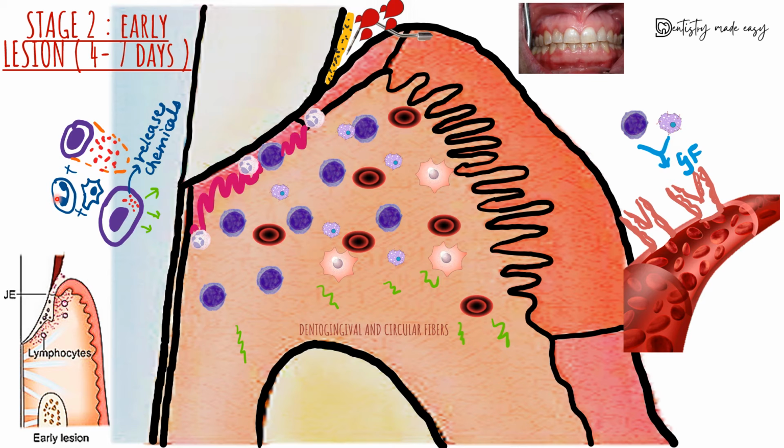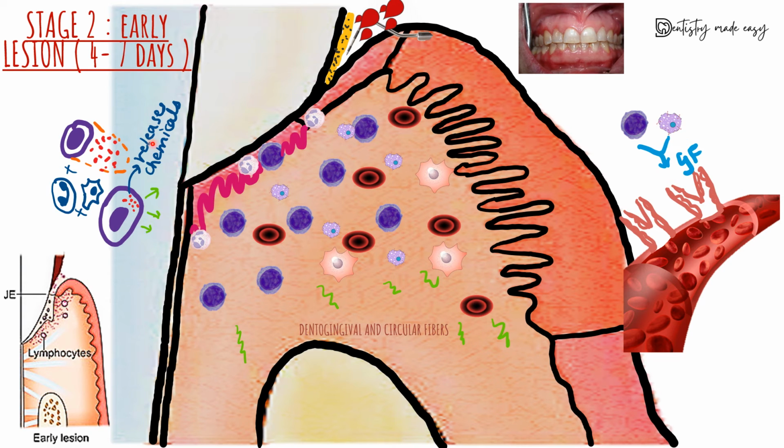Now the next manifestation of this stage will be proliferation of the junctional epithelium, which forms the rete ridges. Rete ridges are nothing but the finger-like projections which are formed to fill the gaps created by the destruction of the collagen fiber.